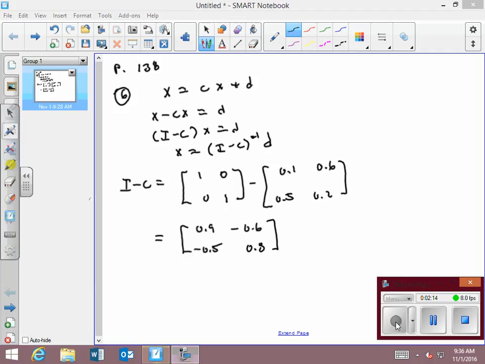Now, if you go back and rather than doing the inverse by converting the I matrix and making it so that you have the I matrix for a 2 by 2, you can go back to page 105.